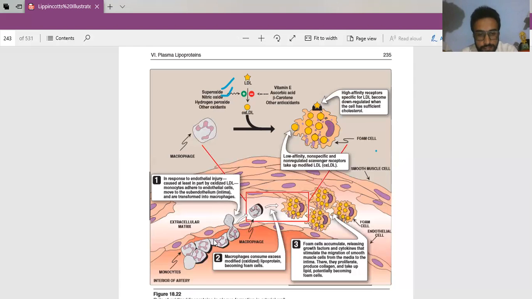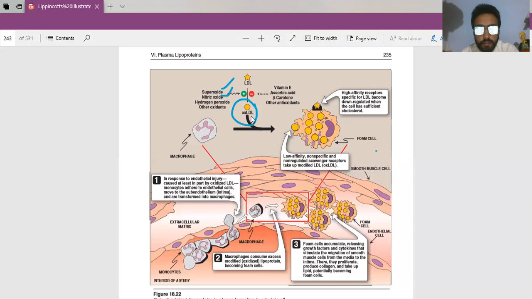And what is the second step? The thing that I have already talked about, that these oxidized low density lipoproteins are being engulfed by these macrophages, which come at the site of that particular place.